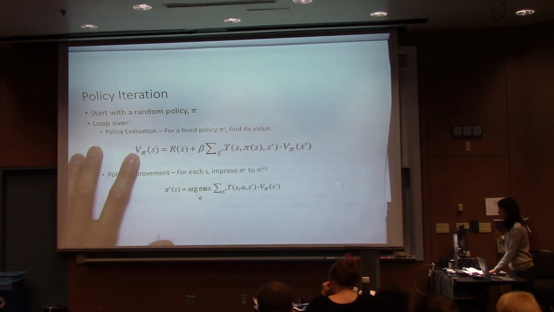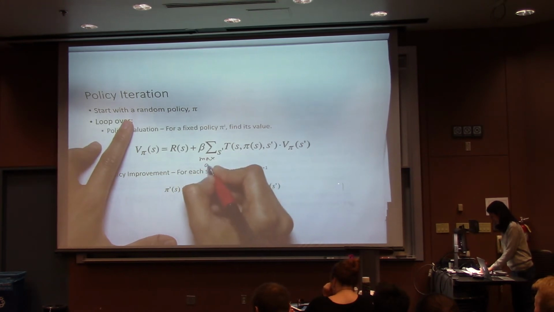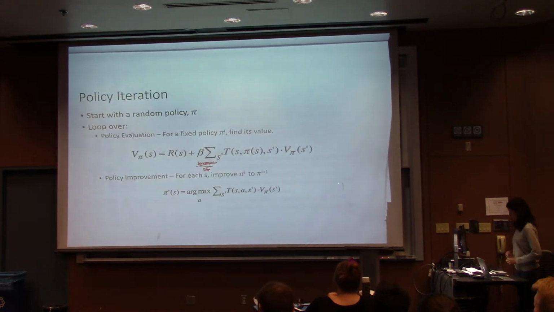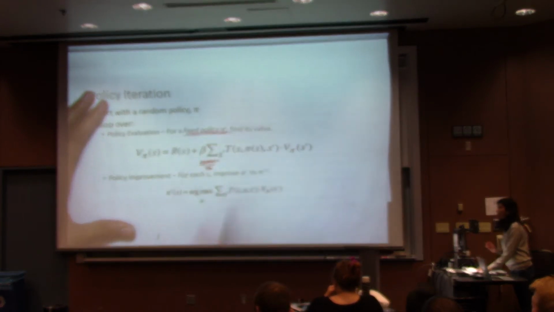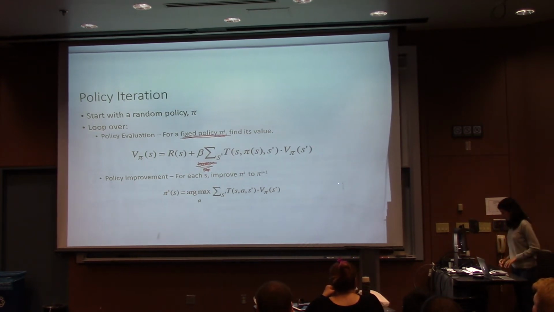The only difference is that the max function over the set of actions is no longer there, because you're evaluating with respect to a fixed policy. So you already know what actions you're going to take in that policy. There is no maximizing over which action gives better optimal values.